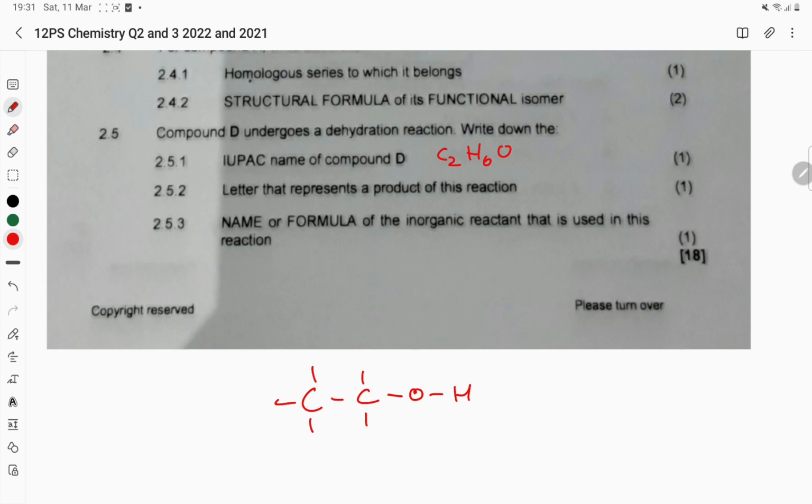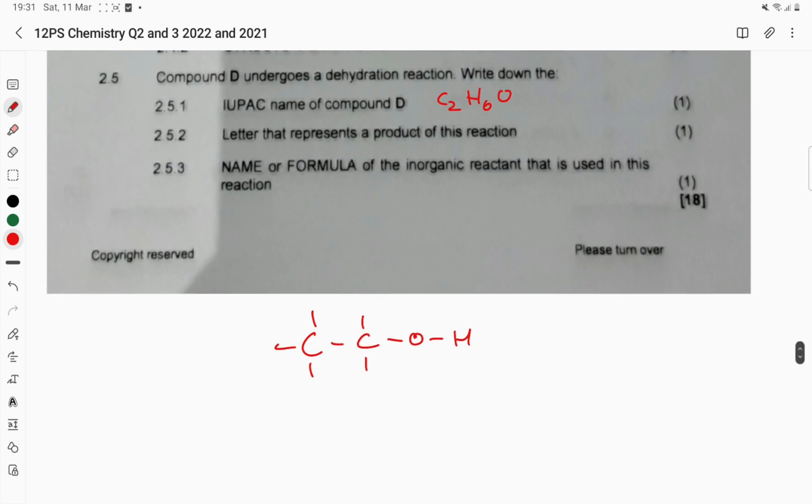Now it's stuff we haven't dealt with yet, but let's look at it anyway. The IUPAC name of this will be ethanol, and we don't have to give a position because no matter where you put that hydroxyl group, it will just be ethanol. Ethanol.